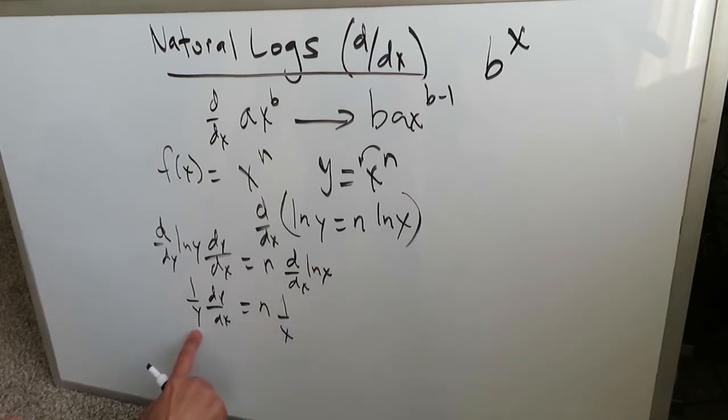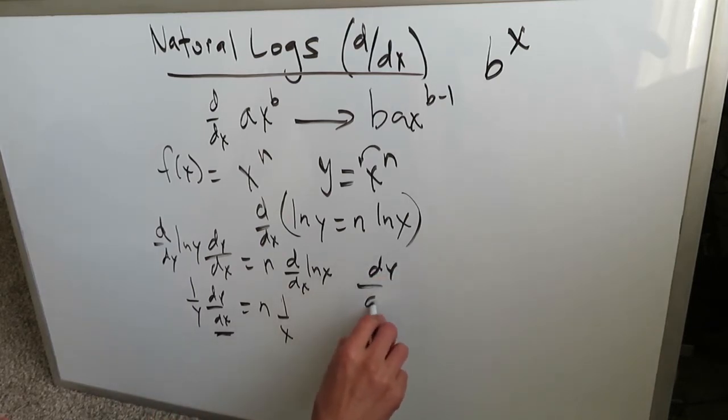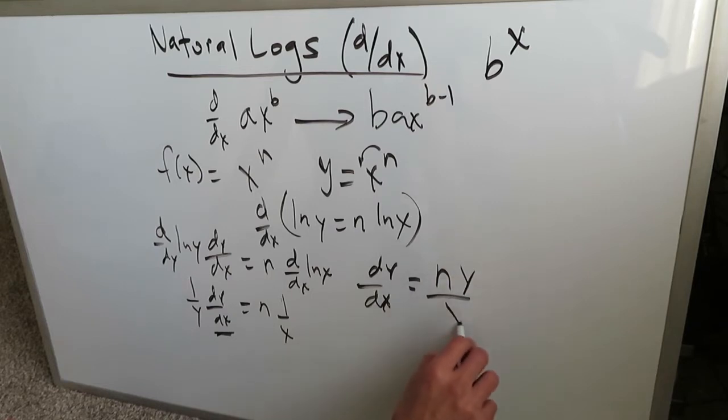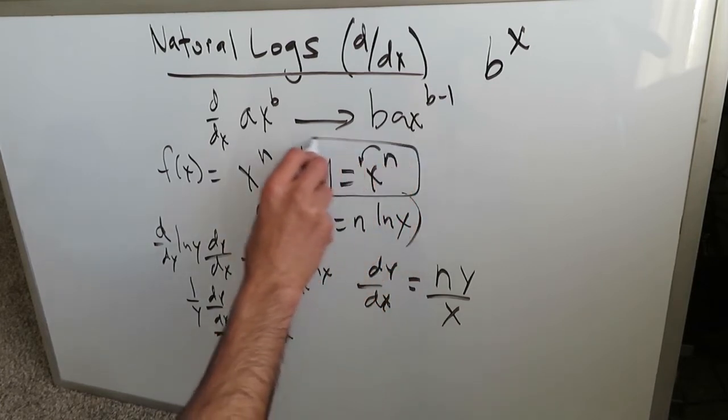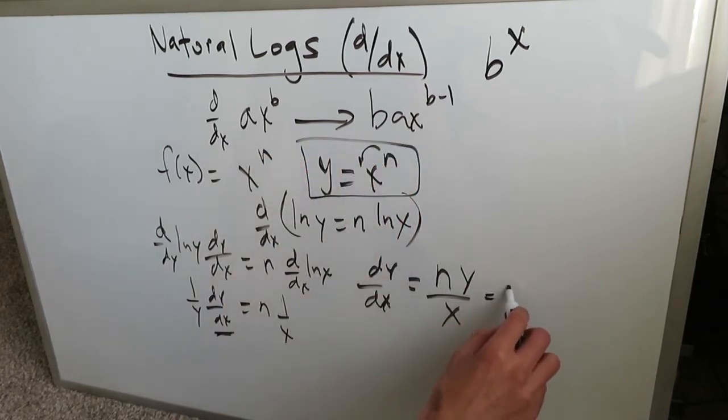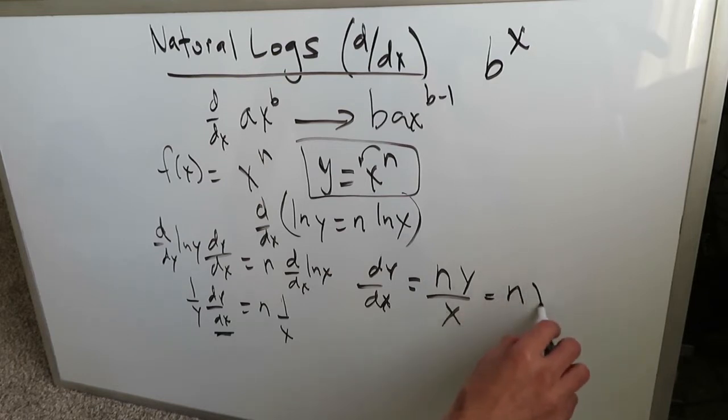When you take y to the other side, because you're still solving for dy over dx, dy over dx is equal to n times y over x. And you know what y originally was? Y was x to the power of n. You can substitute that back: n times x to the power of n over x.